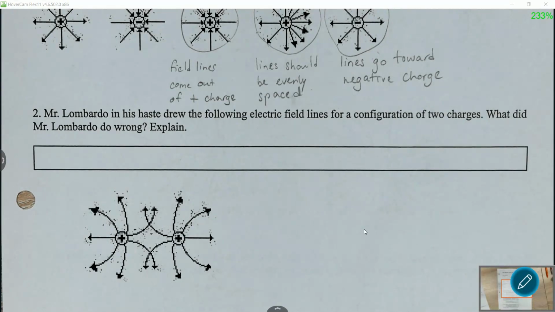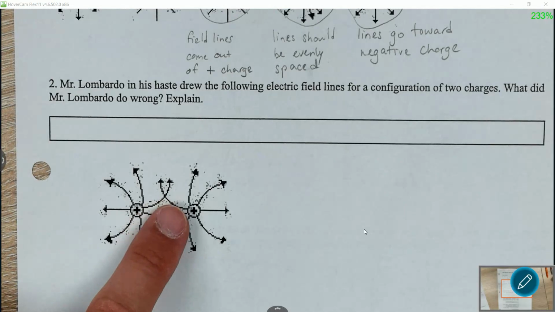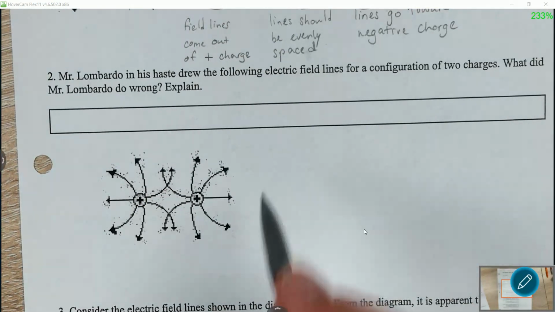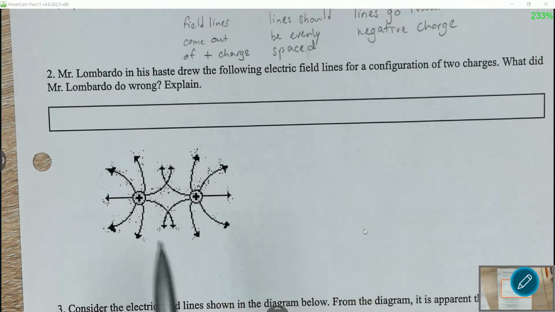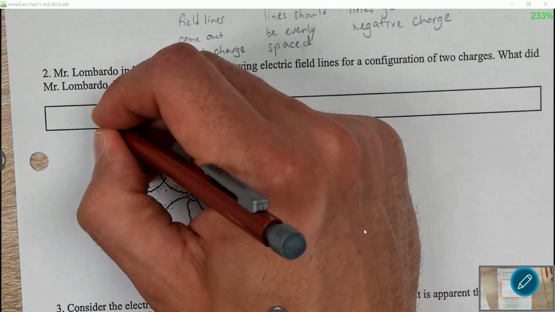They repel. Is this fully repelling then? Right here? No. So why is this wrong? Because the field lines should never cross. The electric field lines should never cross.